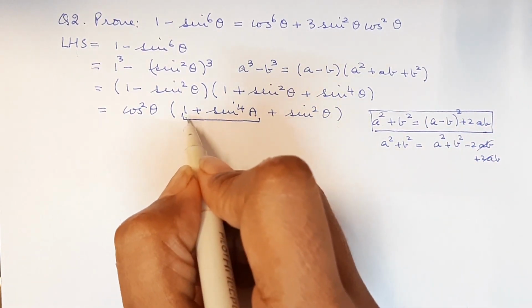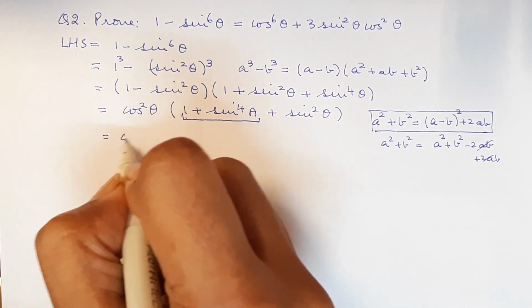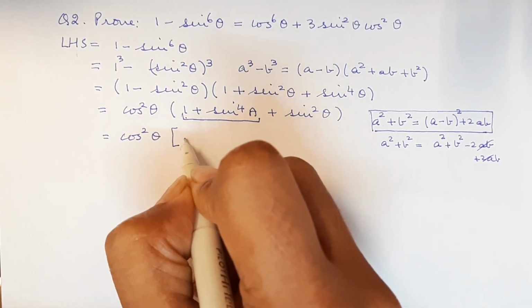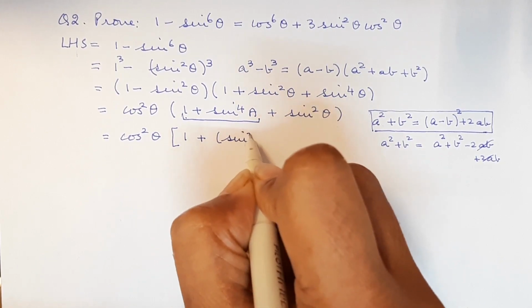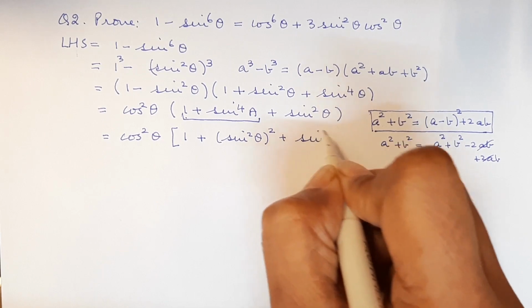So this is your a square and this is your b square, which means it is cos square theta into, I'm taking a box bracket, plus this is sine square theta whole square plus sine square theta.